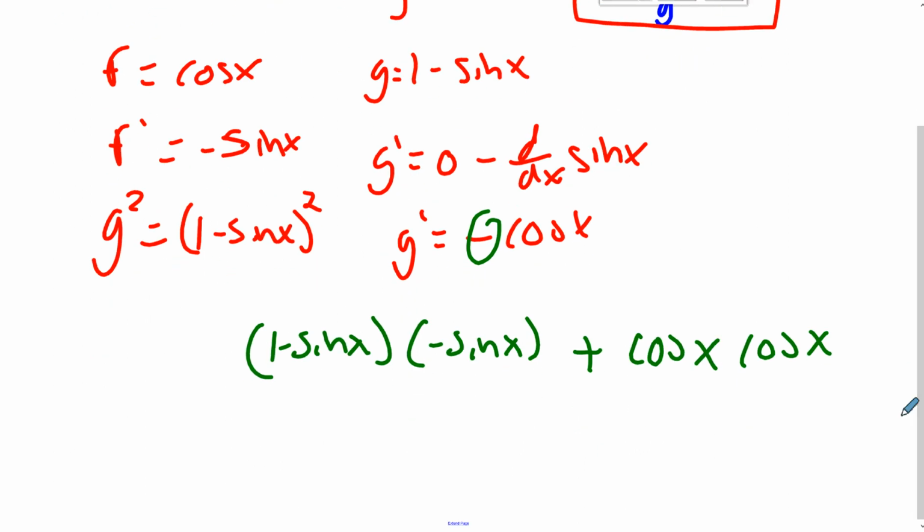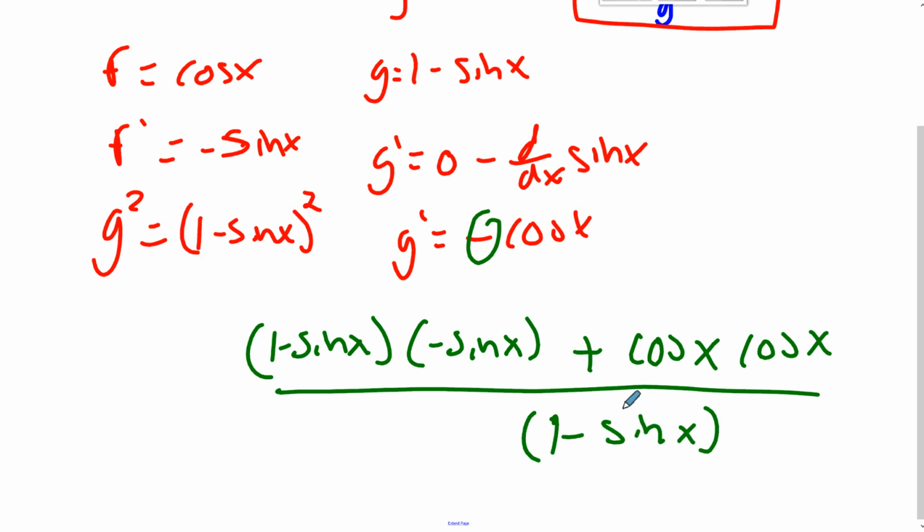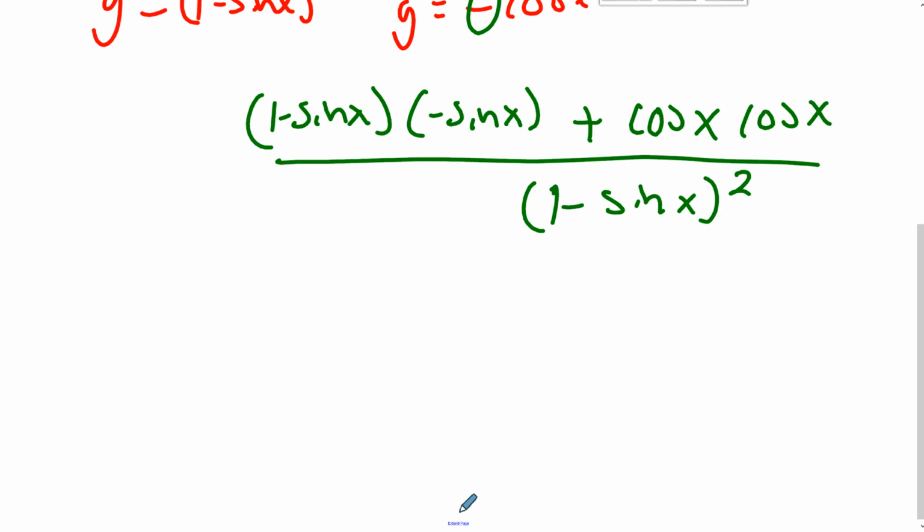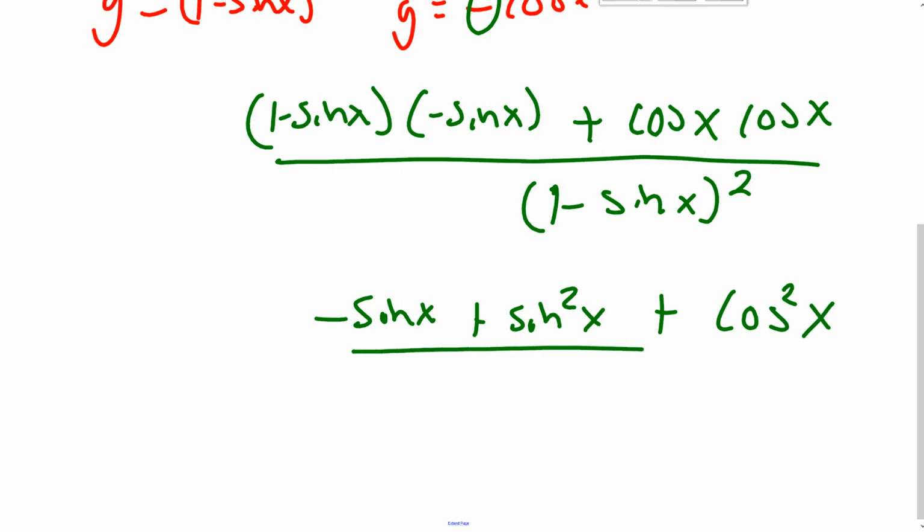So really you get 2 cosines of x all over g squared, 1 minus sine x, squared. So then you could simplify, it would be negative sine x plus sine squared x plus cosine squared x, over 1 minus sine x squared.